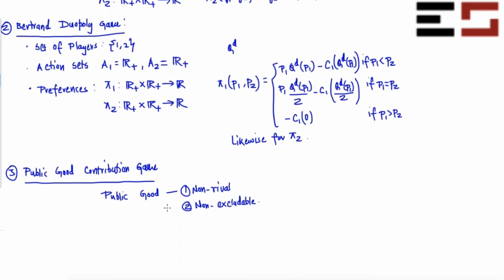Okay, so let us consider a very simple scenario where, let's say, there are two roommates. The society consists of just these two roommates. They are interested in buying some utility for the room.